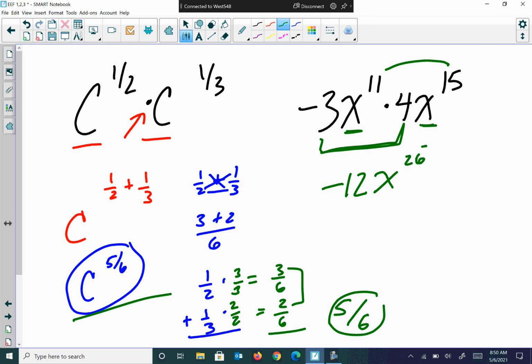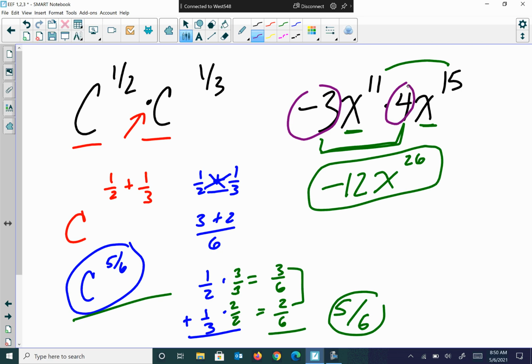The x is the only thing raised to an exponent. So it's like you independently work this and this first. You worry about the letter with the exponent second, but they're still connected.